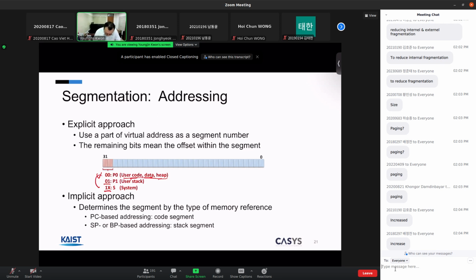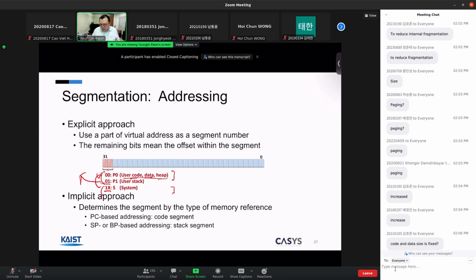Why does this scheme make sense? A segment is given to the operating system, and the operating system uses this segment for different purposes. Why separate this and this system? Why separate these two segments for user cases and system segments?